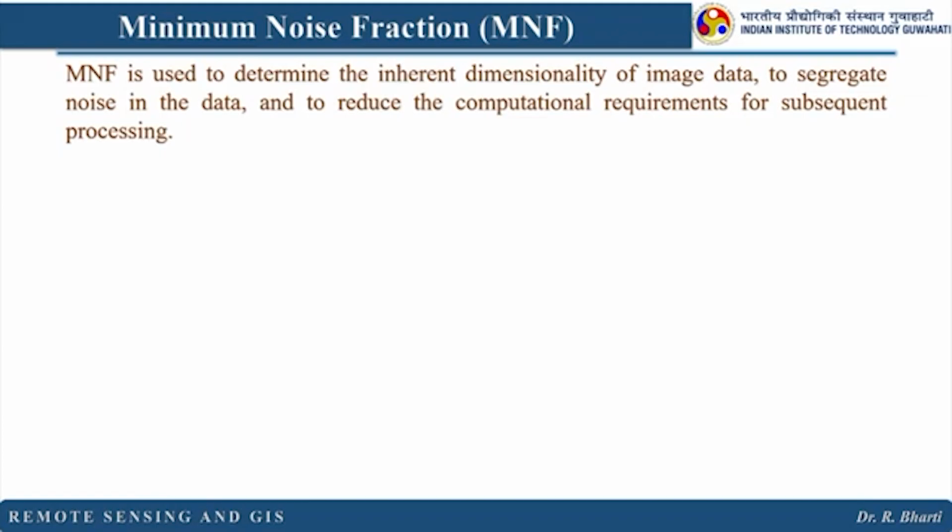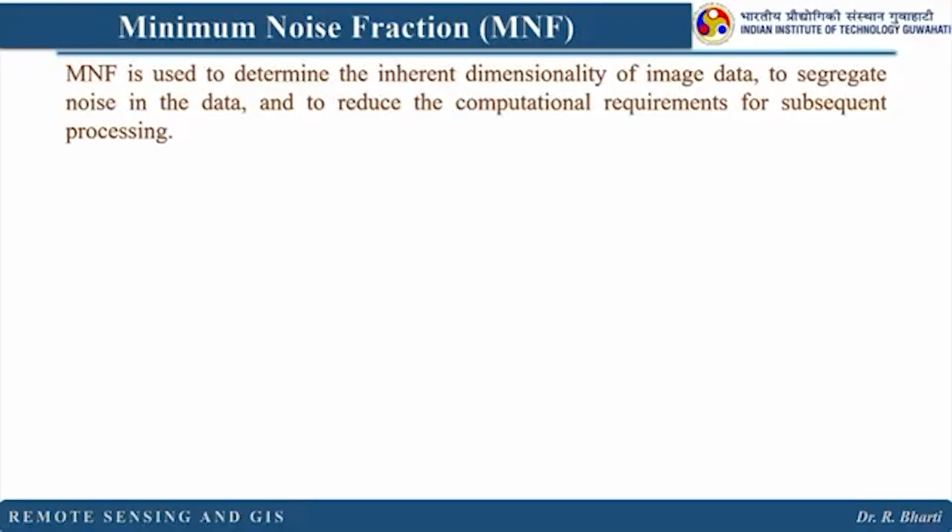So how to minimize that? If we can identify which bands contain unique information, then we can remove the rest, right? So MNF is one of the techniques which determines the inherent dimensionality of the image, segregates noise in the data, and reduces the computational requirement for subsequent processing.